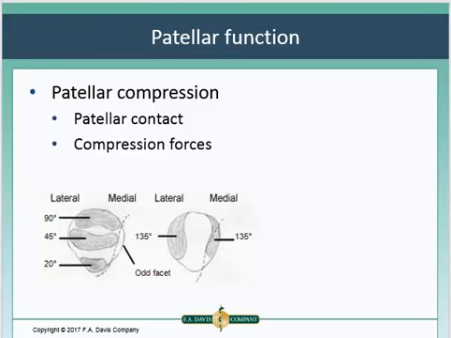Once you get to about 15 to 20 degrees, it is at the inferior pole of the knee. That pressure moves to the middle of the patella, and then at about 90 degrees, it is more in the proximal part of the patella. You have decreased pressure until about 135 degrees, and then you will get pressure at the odd facets or on the lateral aspect of the patella.